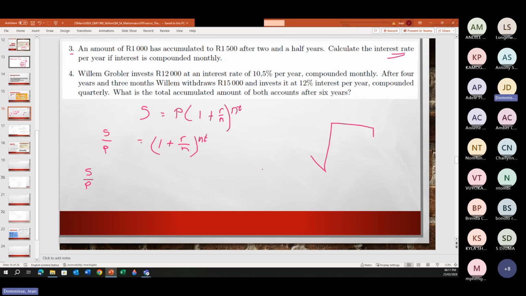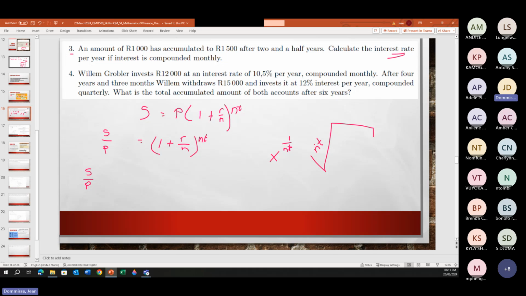But if we do something to the power of, and let's just use x, x to the power of 1 over nt is the same as the square root, but then nt is in the square root.